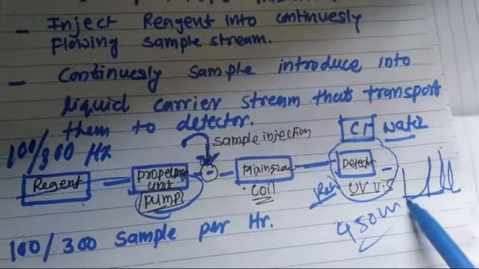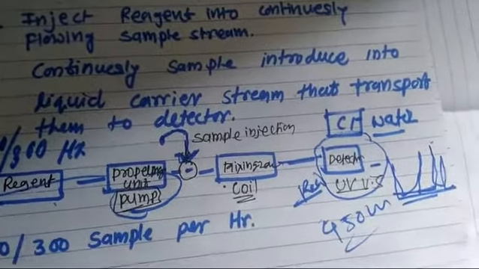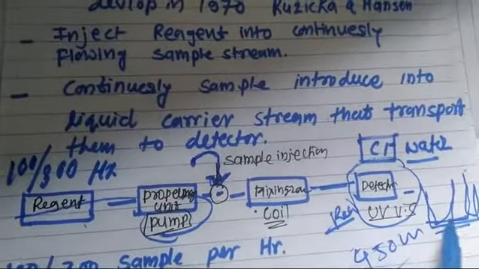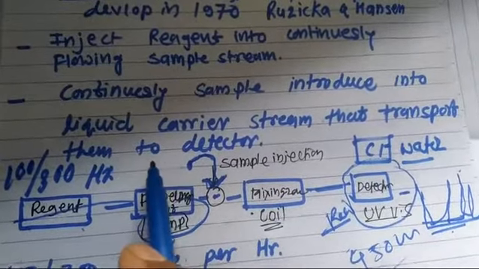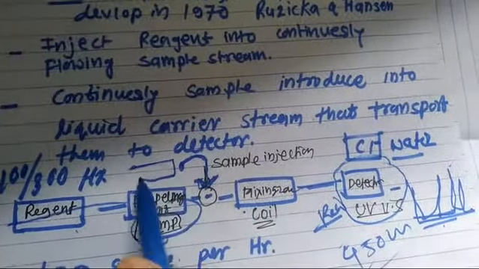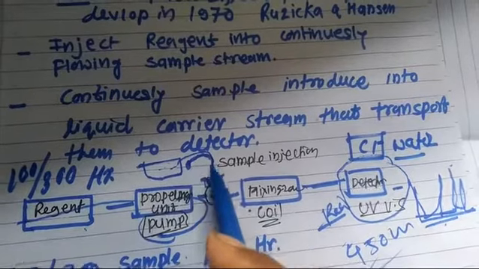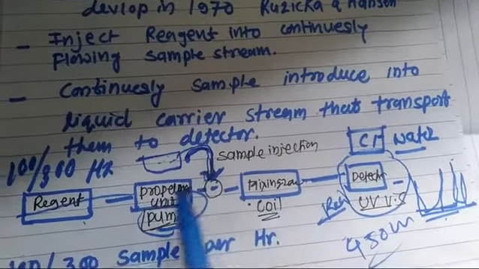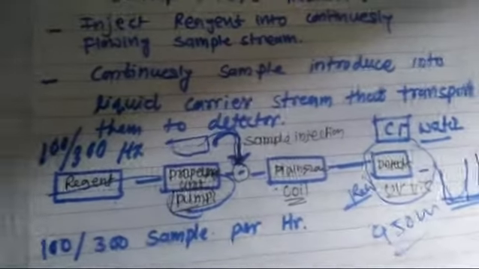So we receive the direct reading from that continuous flow system. Here is the continuous water flow system, and the sample comes at regular intervals. So this is the main introduction of the flow injection system.